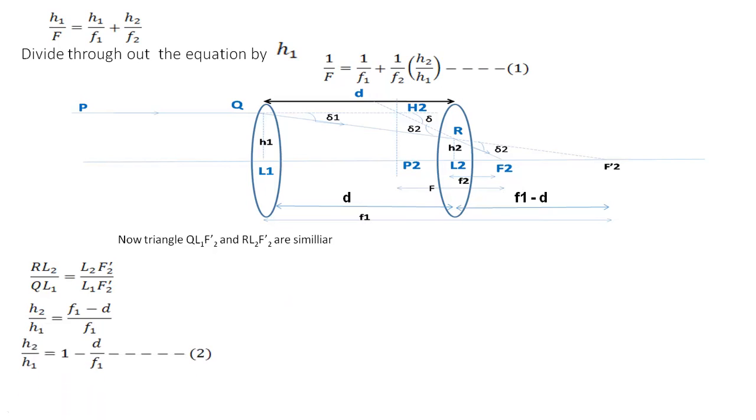Then rearranging the terms, we get H2 by H1 is equal to F1 by F1, which is 1, minus D by F1. Now substituting equation 2 in equation 1, we get 1 by F is equal to 1 by F1 plus 1 by F2. The value of H2 by H1 is 1 minus D by F1. Substitute the value here.